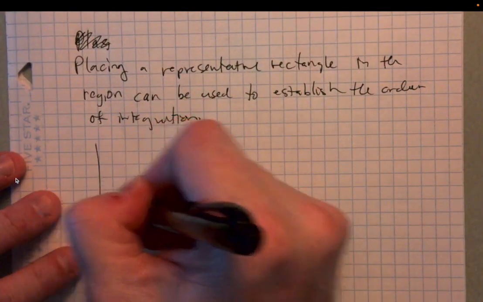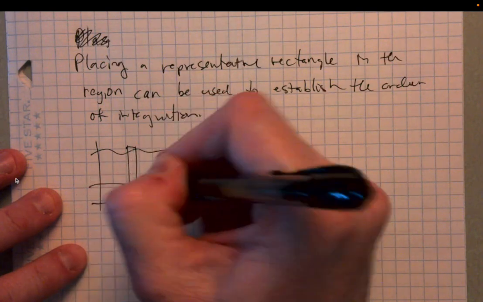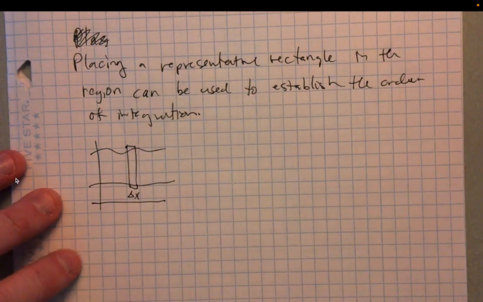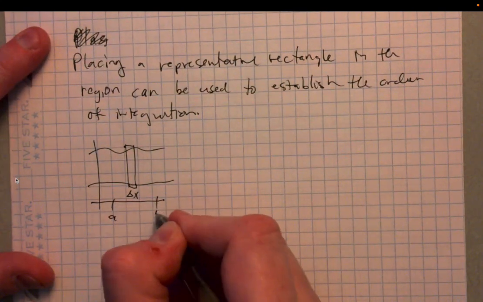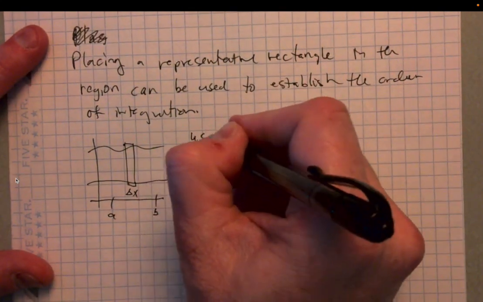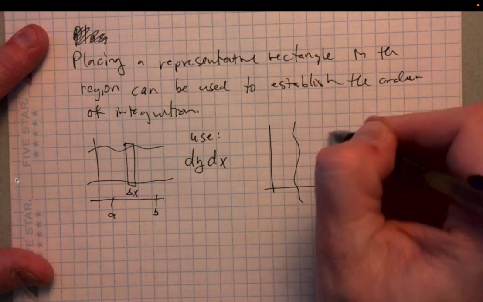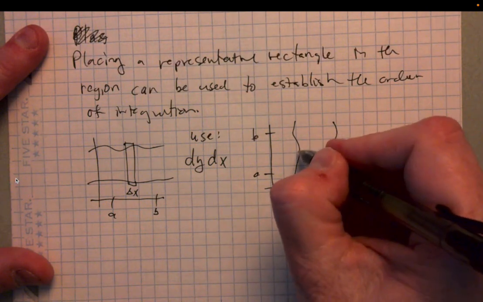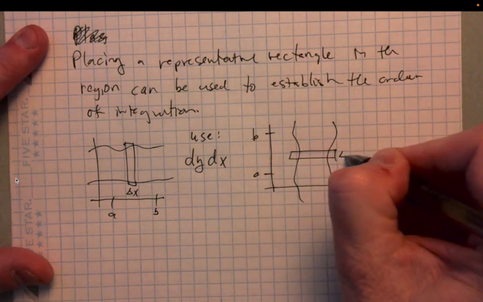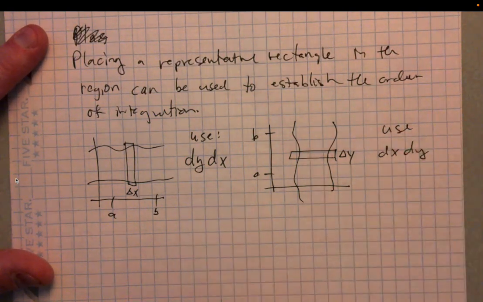Like the previous example, if I've got two functions like this, and my representative rectangle looks like this, then that means I have to first integrate with respect to y, and then integrate with respect to x, because this is going to go from a to b. So this is where we'll want to use dy dx. If conversely, my functions look like this, and it was more like a setup like this, then my rectangles would look like this, and I'd have a delta y, and so there I'd want to use dx dy.